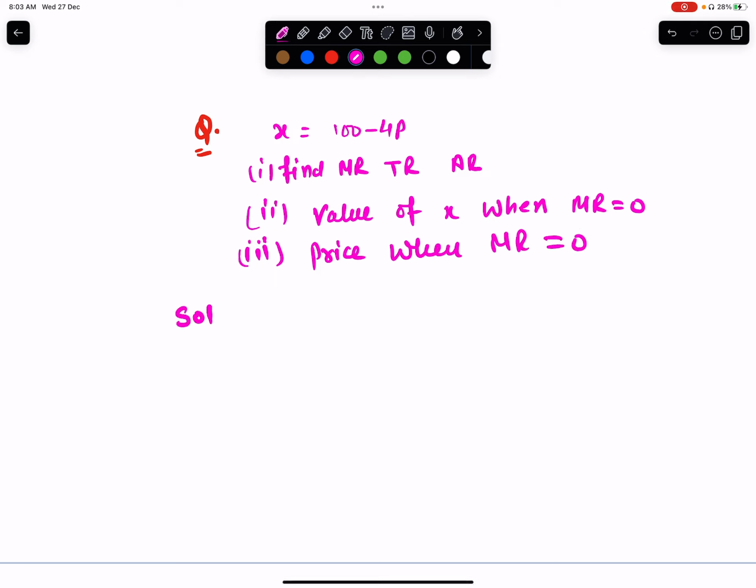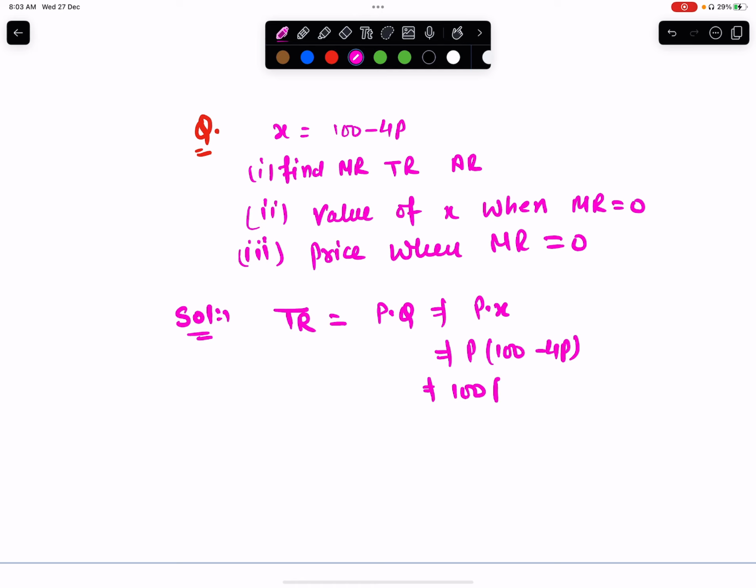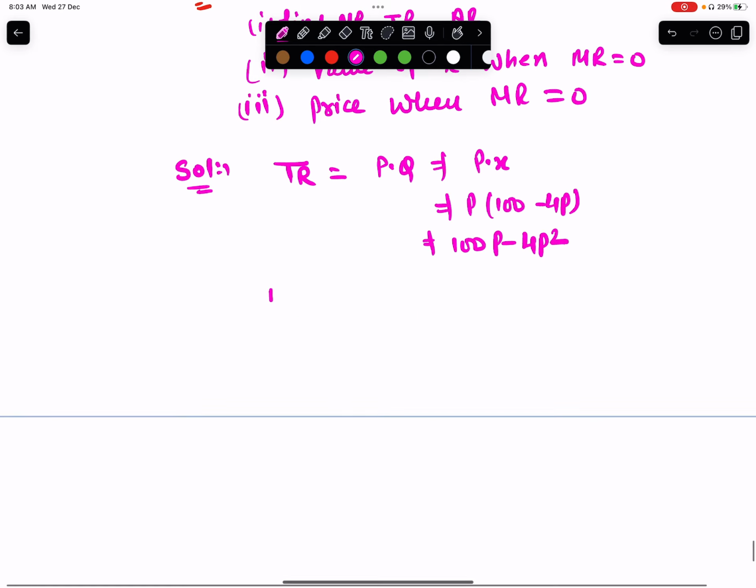So let's solve this. First, total revenue. Total revenue is P into Q. Here Q is x, so P into x, that is p into 100 minus 4p, so 100p minus 4p square. This is our total revenue. What is average revenue?